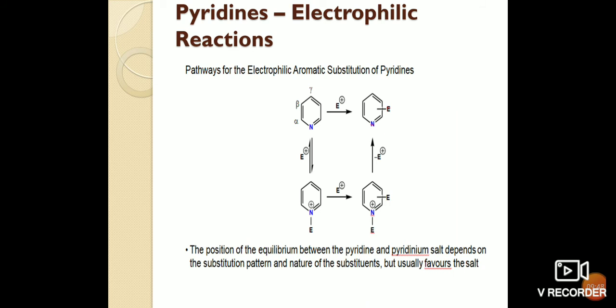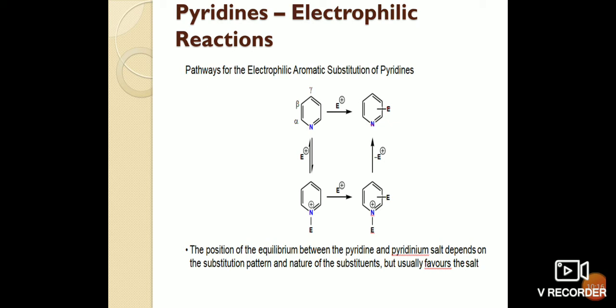The electrophilic reactions in pyridines, as we discussed earlier. No addition reactions take place, but electrophilic reactions which are of the nature of aromatic substitution. Now there are possible pathways for electrophilic aromatic substitution of pyridines.